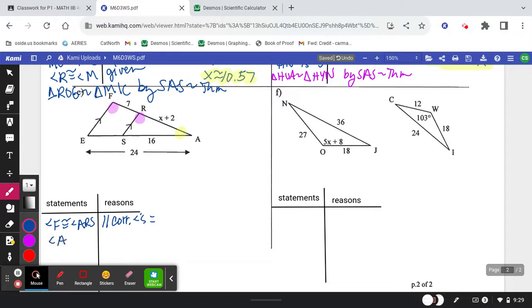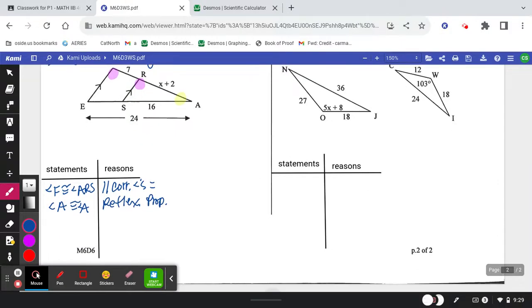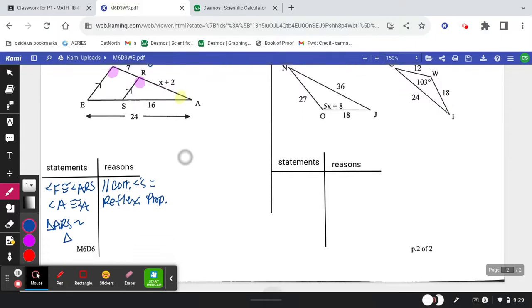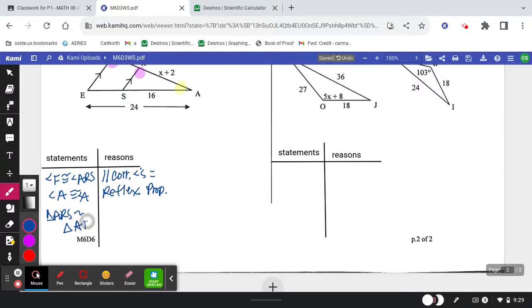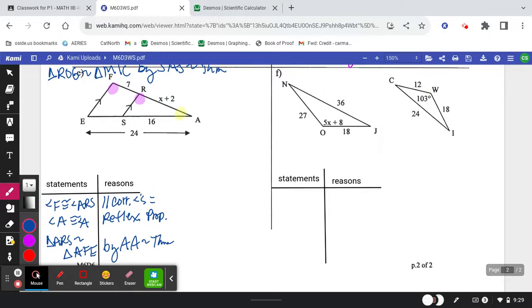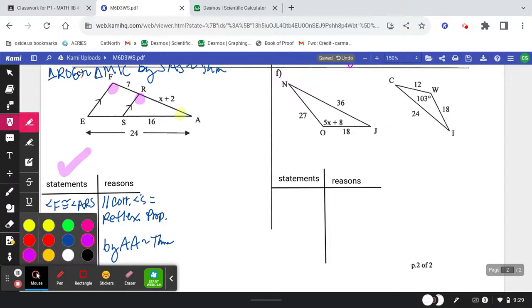And then angle A is congruent to itself by reflexive property. And then triangle ARS is similar to triangle AFE by angle similarity theorem.